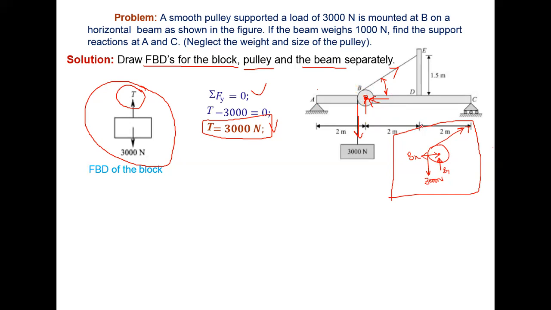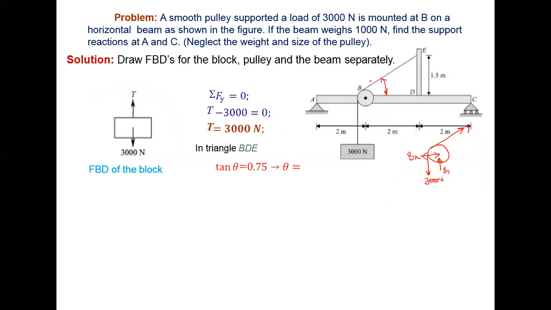Now to write the equations of equilibrium, we need to know this angle. So let's determine this angle. If you consider this triangle BDE, then you can apply the tan theta formula. So tan theta will be equal to 1.5 divided by 2, that is equal to 0.75.